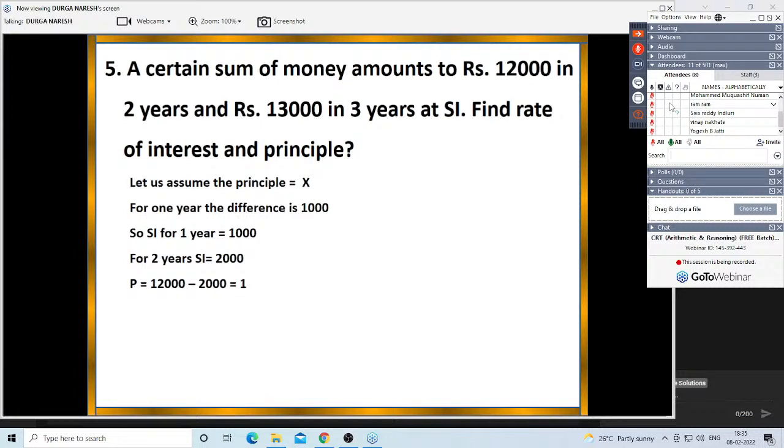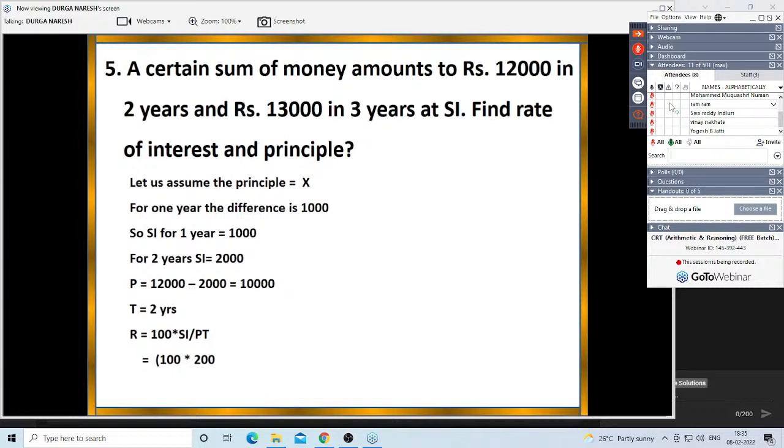Okay. And the rate of interest. Once you know the P value is 10,000, the number of years is 2 and simple interest is 2000, is it possible to find the R value, the rate of interest? Yes, R value is 100 into SI by PT. That is not a new formula. By using SI is equal to PTR by 100 only, we may generate it. 100 into 2000.